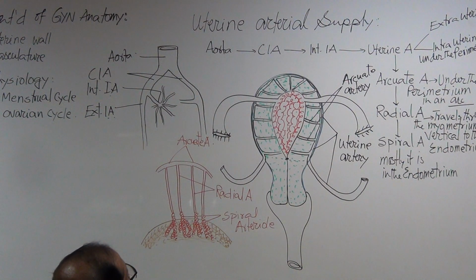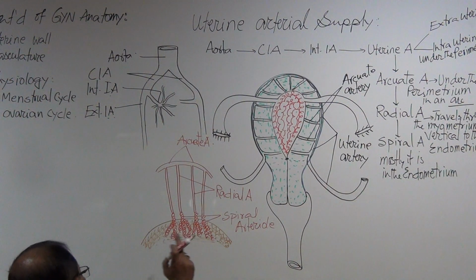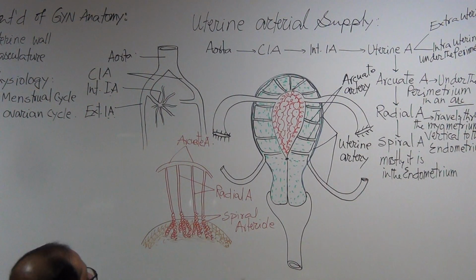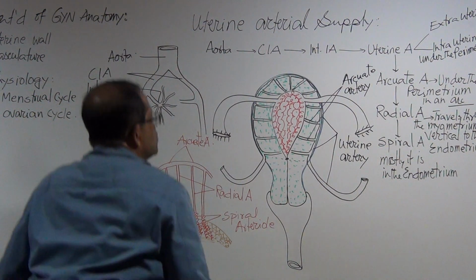Okay, so this is the full drawing of the uterine arterial supply. So this spiral arteriole is in the endometrium, and when we click the color on the uterine endometrium, if there is good enough circulation, we can see the color in the endometrium.